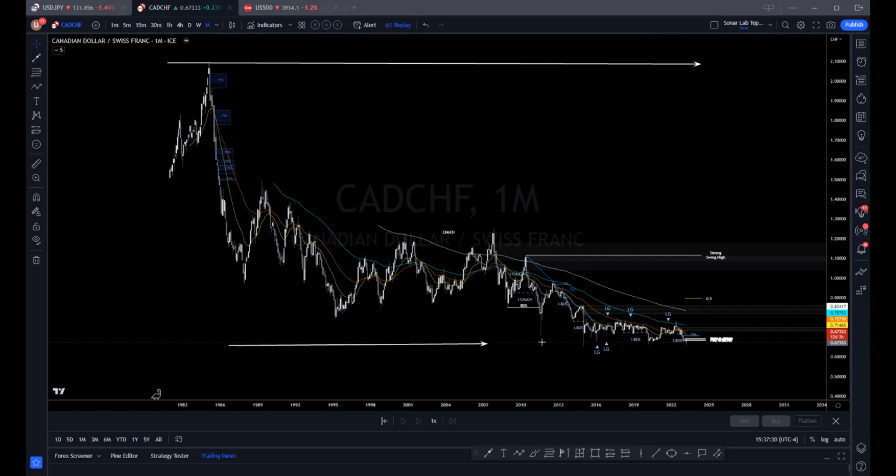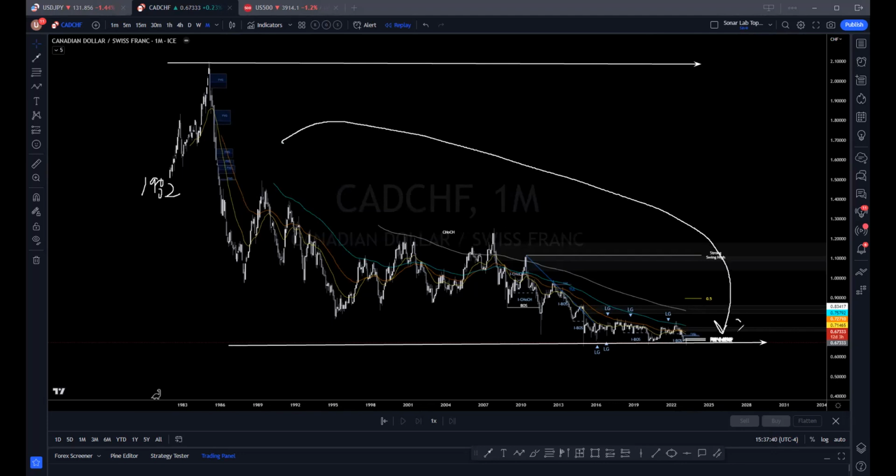This is the floor on a monthly from 1982 to 2023. Look at this. Should we short this darn thing right now? Right here, short it lower?